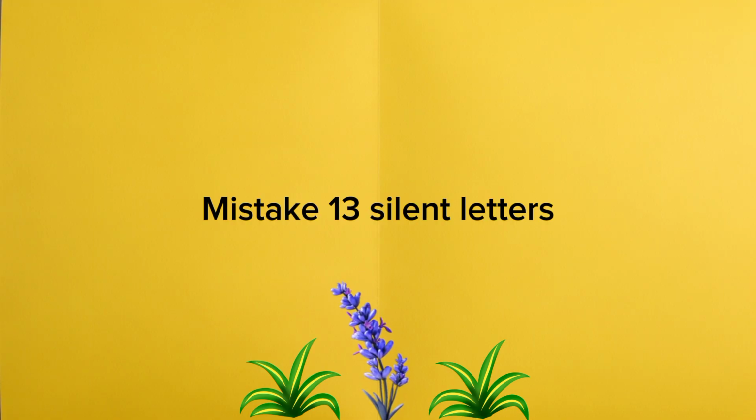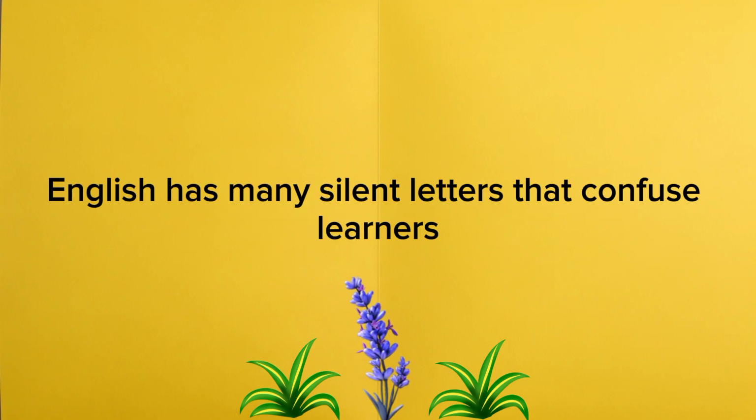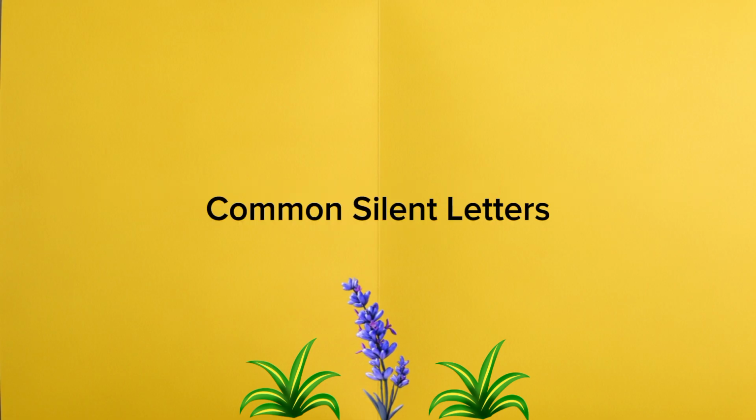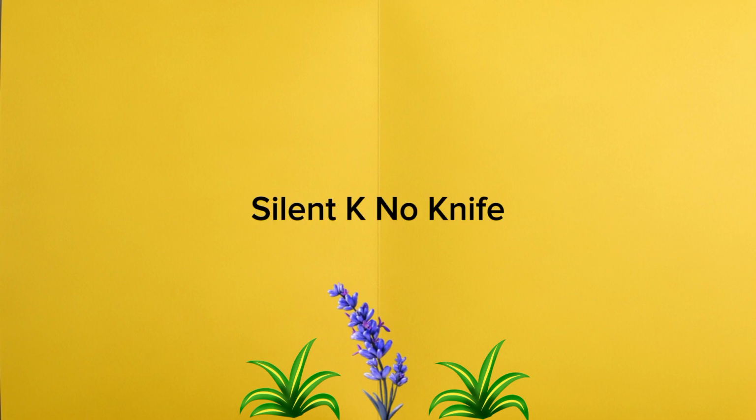Mistake 13. Silent letters. English has many silent letters that confuse learners. The error: Pronouncing the K in no or the B in doubt. Common silent letters. Silent K: know, knife, night, knock, knee.